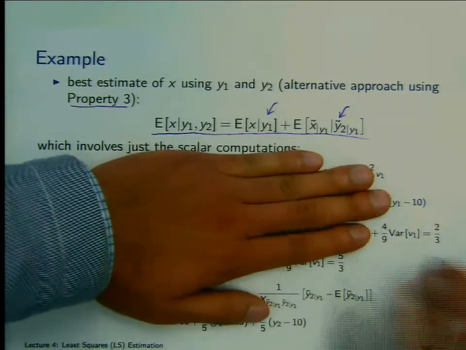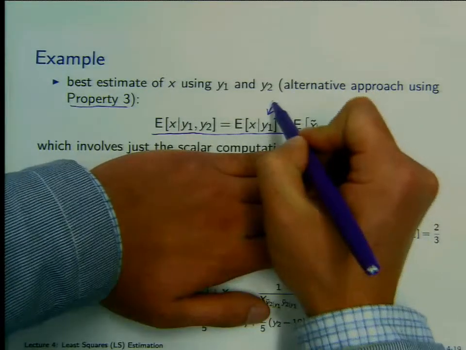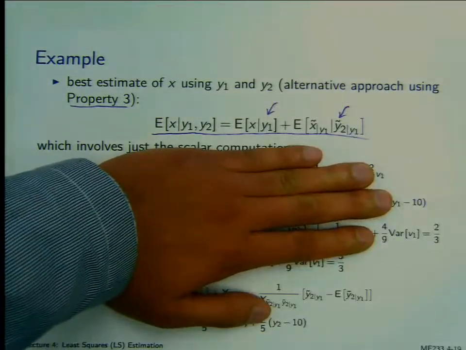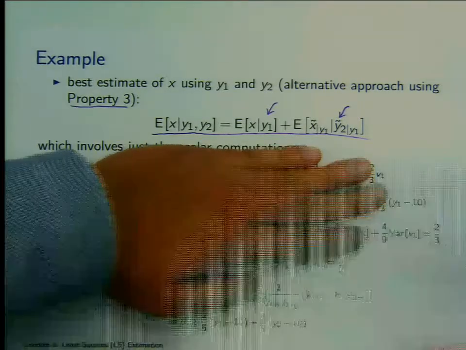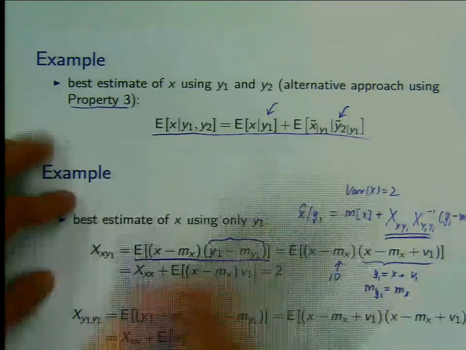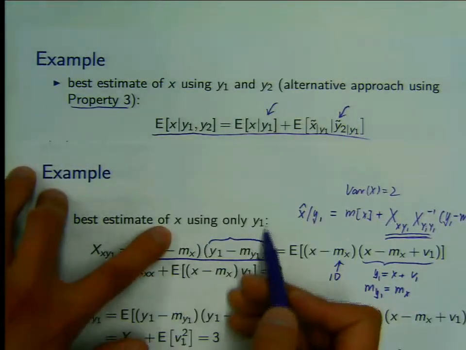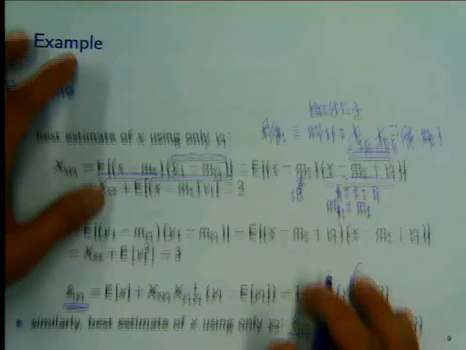Okay, so we have actually done this already, in the first question. We have finished this step, which is the best estimate of x using only y1, and we have obtained this solution here.